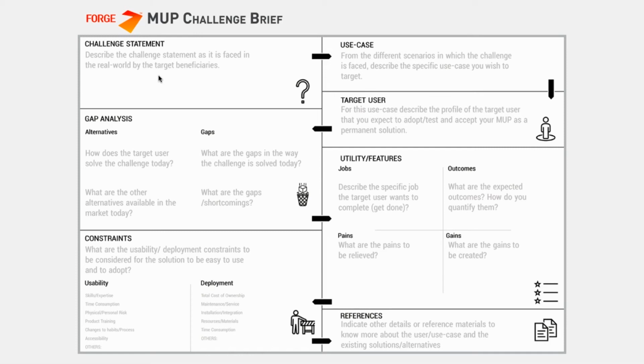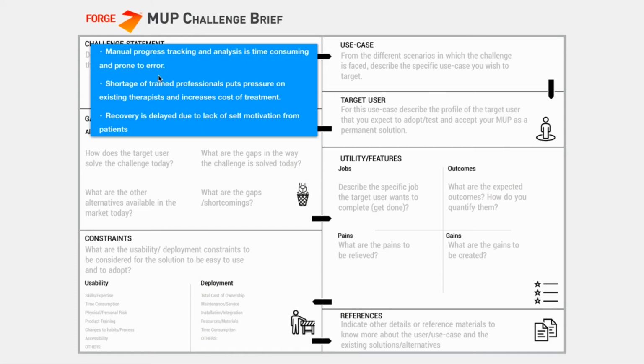The insights drawn from our one-on-one interviews, our telephone conversations, and our observations of our potential users or beneficiaries, we now document, complemented with secondary research, in the MUP challenge brief. Can we now articulate the challenge statement better? What exactly is the problem that we are trying to solve?